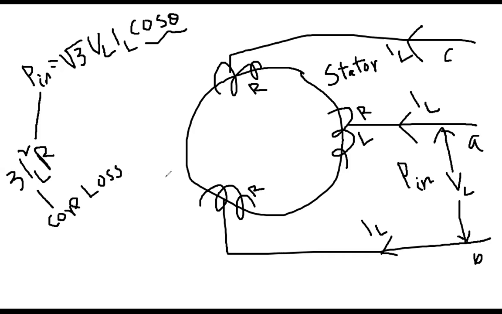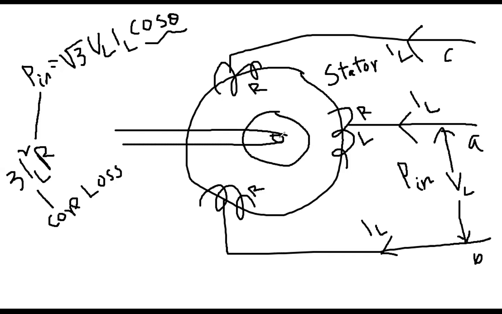So after subtracting these two losses from the input power, where is that power going? That power is going inside the rotor. This is the rotor circuit, you know. To the rotor, actually, that shaft is connected. So this body is called the rotor body.